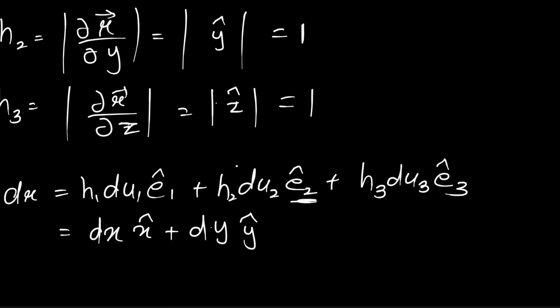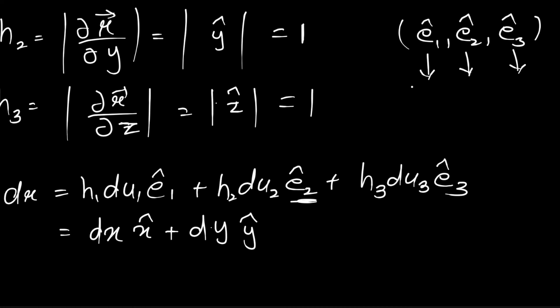The corresponding unit vectors e1, e2 and e3 in the Cartesian coordinates are these only.